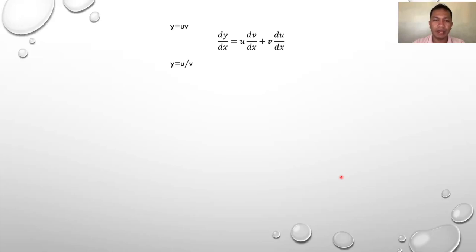On the other hand, if we have the quotient, y is equal to u over v, then its derivative is dy over dx is equal to v du over dx minus u dv over dx, all over v squared.